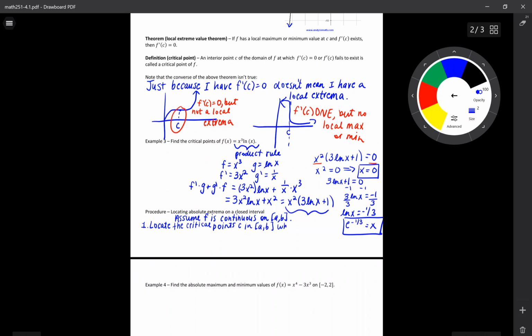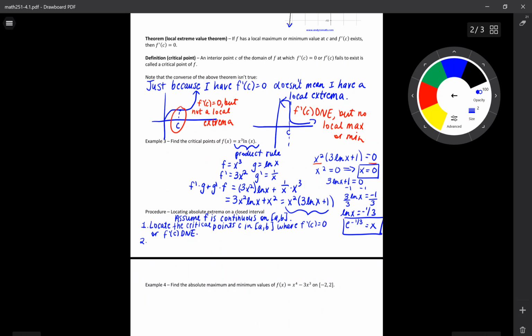where, remember, by the definition of a critical point, this is where f prime of C equals 0, or f prime of C does not exist. That's step 1.